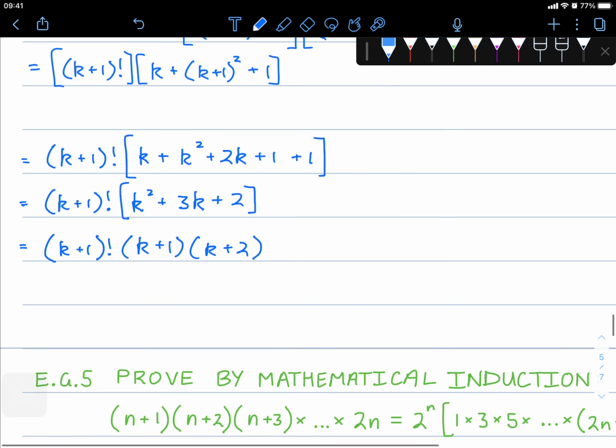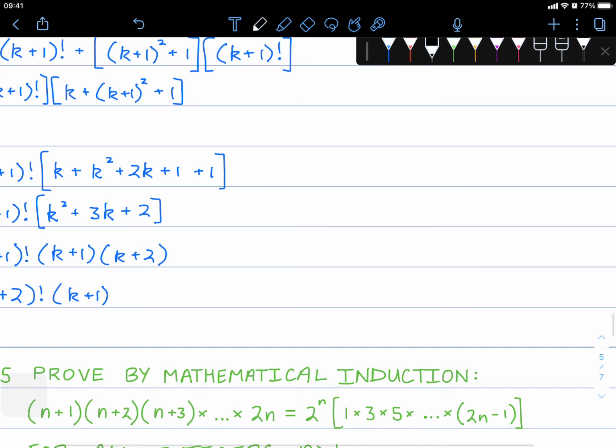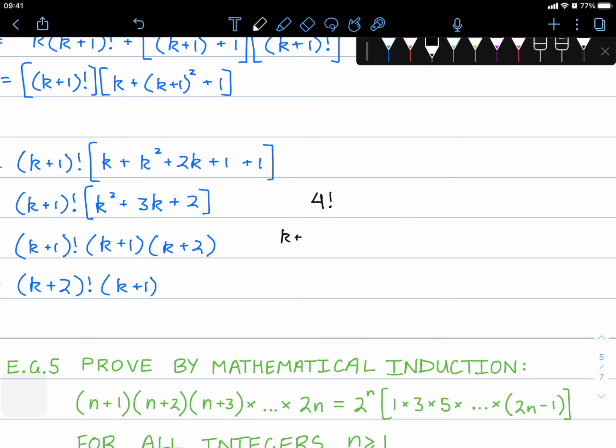Now here's where it gets even trickier. In summary, it's going to become this. Take a look. Since these are all multiplication, k plus 1 factorial times k plus 2 just becomes k plus 2 factorial, times k plus 1. And I'll show you how we can prove that. Let's say we have 4 factorial. That's our k plus 1. And 4 factorial is equal to 4 times 3 times 2 times 1.